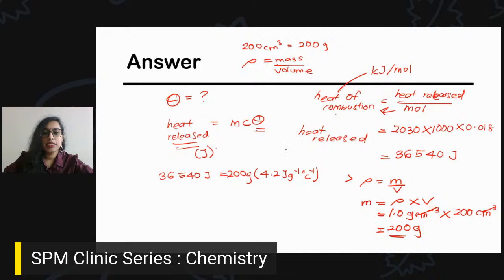This theta you don't know. So you will cancel this and this, and you bring this over here and divide. That means 36,540 divided by 200 divided by 4.2, and you will get 43.5 degrees Celsius.